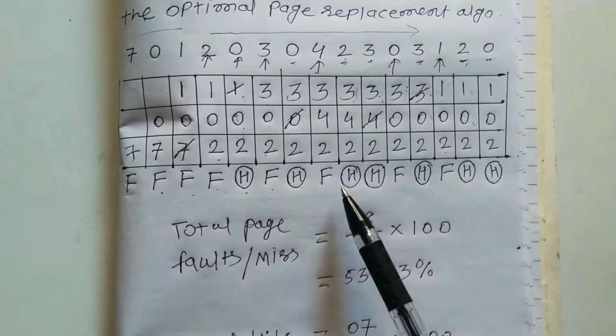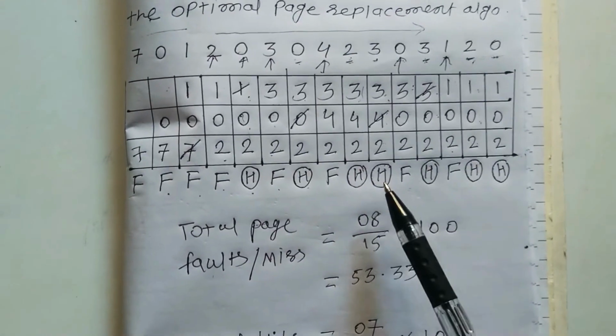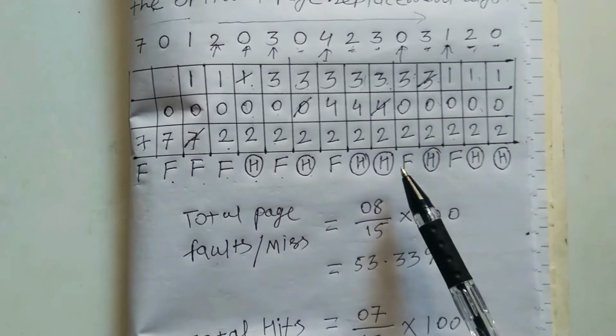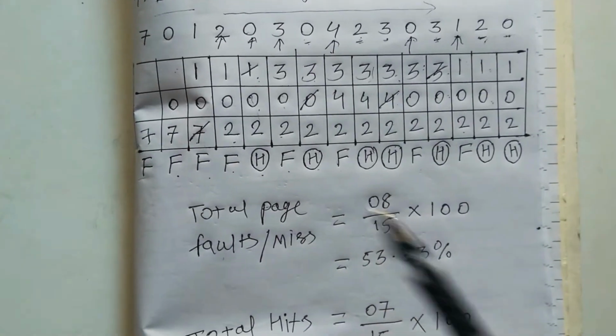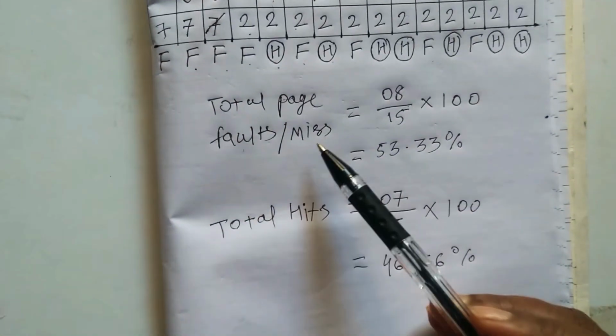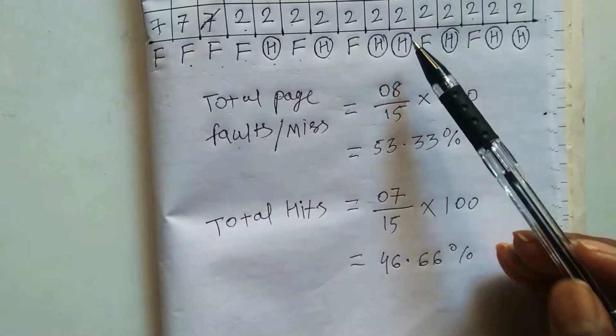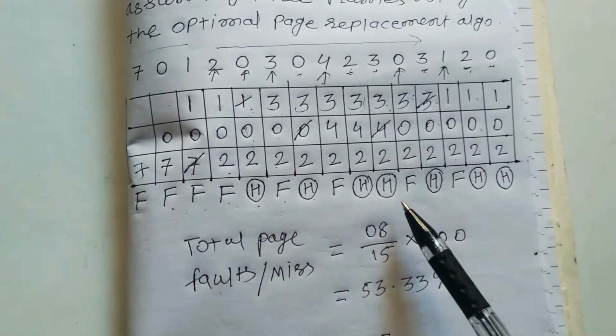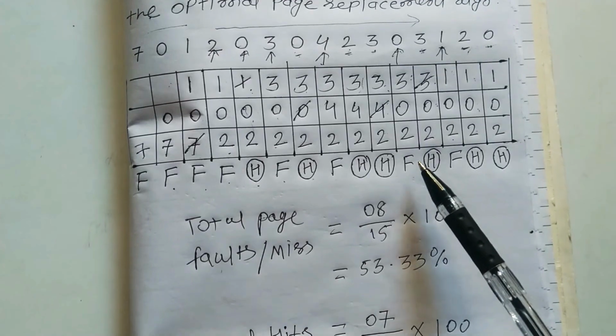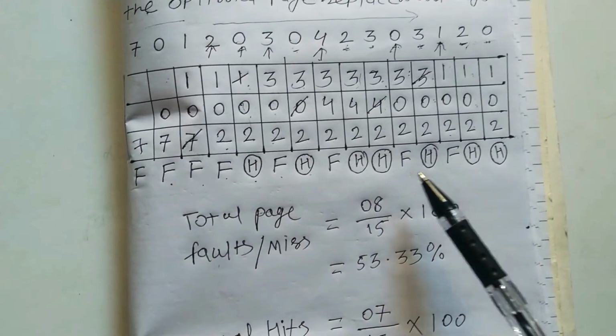If I compare this algorithm with the FIFO as well as the LRU page replacement algorithm, this algorithm will give you fewer page faults. As you already know, we solved the same problem using the FIFO algorithm as well as the LRU algorithm.